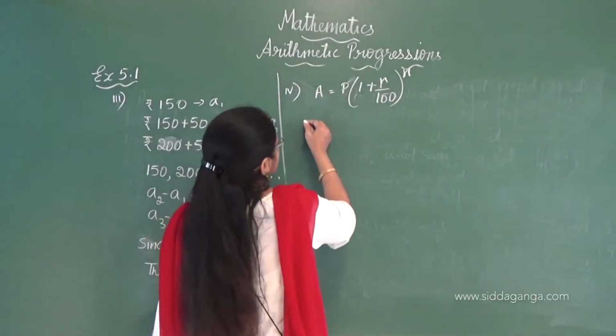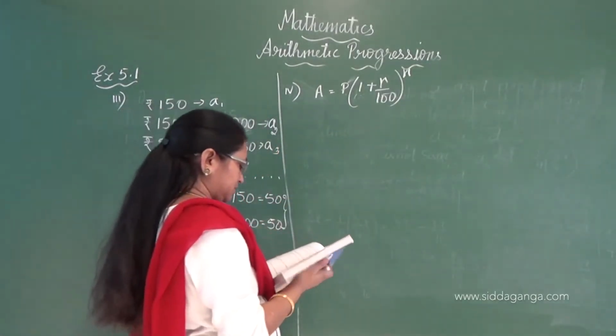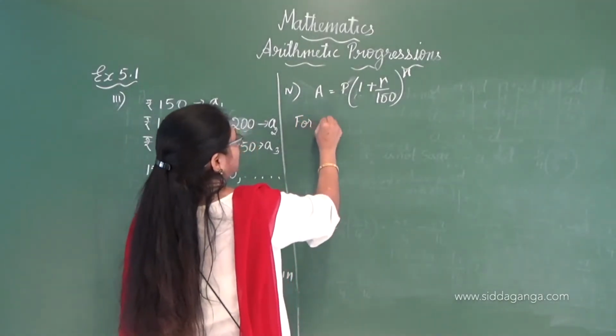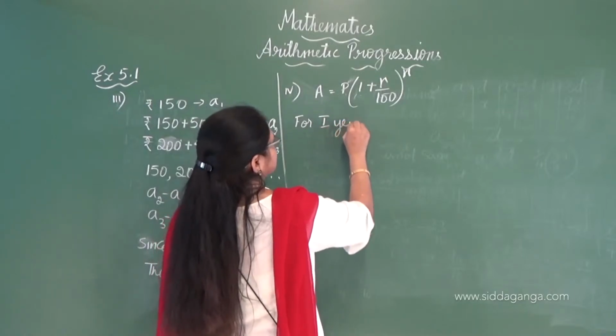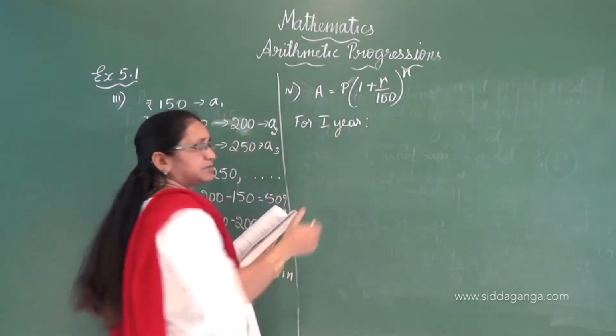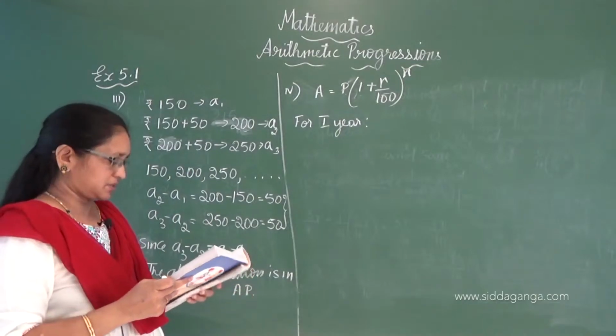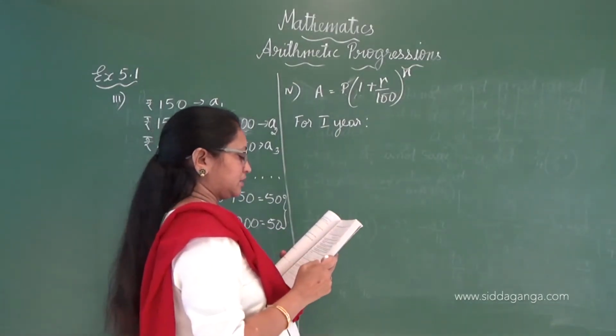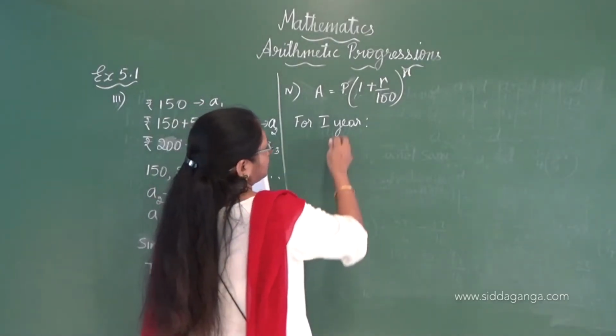Okay. Now, let us find out in the first year. I am not writing the complete statement, you can write the statement also clearly. So, the first year, what is the principal amount for the first year?